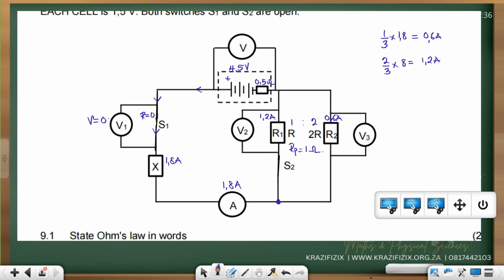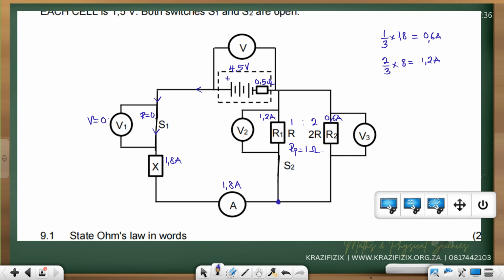But do you know R? It is for 3 marks. Can you say 1 times the 1.8? No, because the current... Hold on. I'm getting the potential difference for the whole parallel branch.